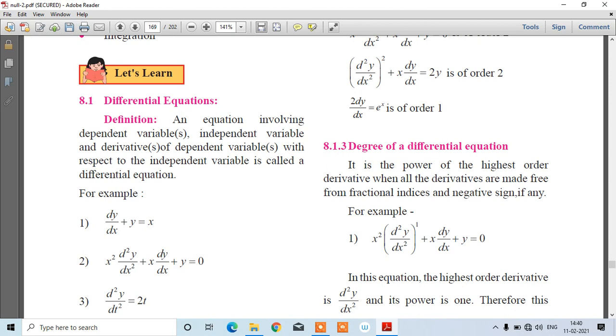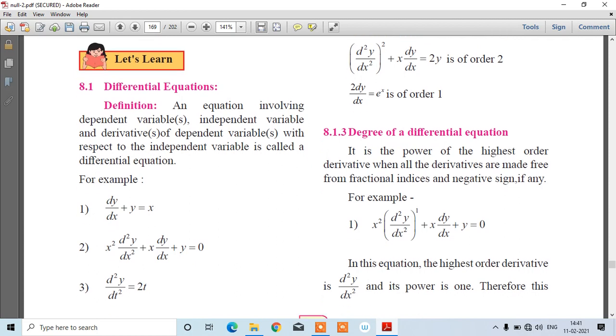So an equation which contains the dependent variable, for example, y is equal to f of x is a function, then the equation which contains y, the dependent variable, and x, the independent variable, and also the derivatives of the dependent variable with respect to the independent variable x, which involves the derivative like dy by dx or d square y upon dx square, the second order derivative, that is called a differential equation.